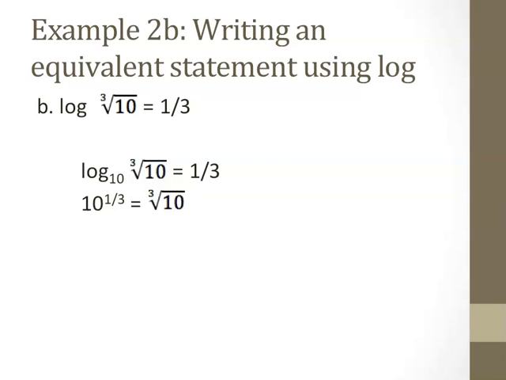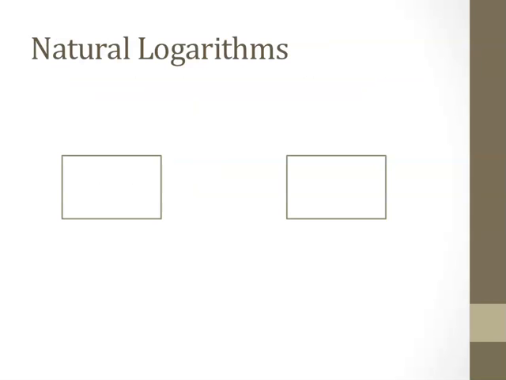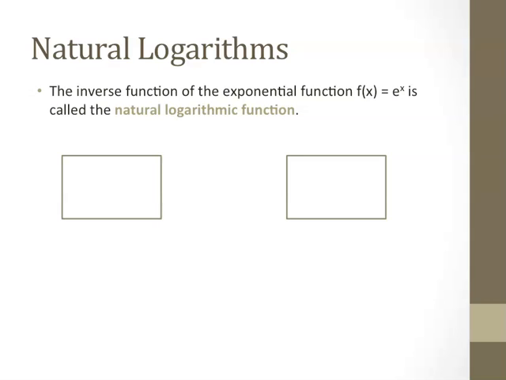Let's go ahead and go over natural log. So everything we've done up to this point has been common log. So for natural logarithms, the inverse function of the exponential function f of x equals e to the x is called the natural log function. We say that natural log has base e. Now if you remember, e is kind of like pi in that it's an irrational number that continues on forever, cannot be rewritten in the form of a rational number, right?